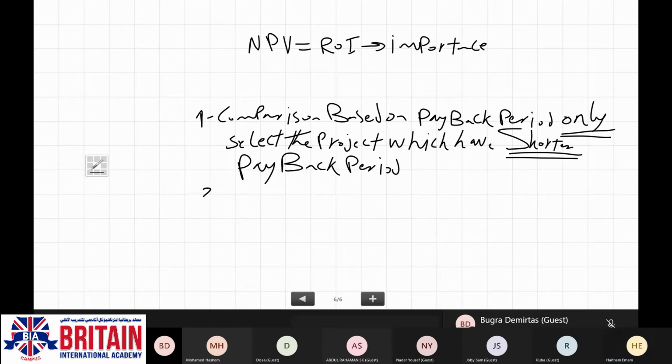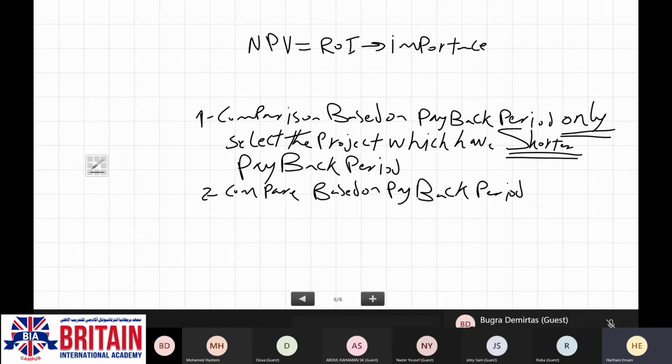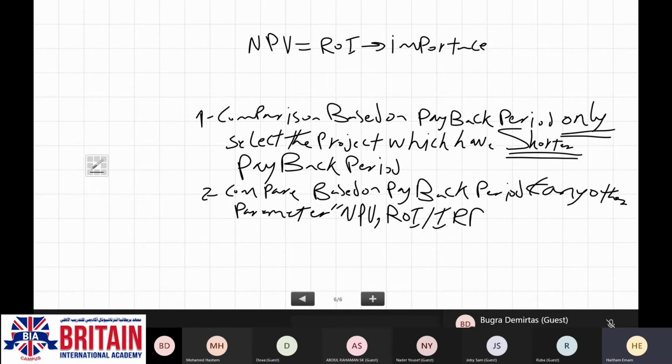Okay. Compare based on payback period and any other parameter like NBV or ROI or IRR, only two parameters, which will be the payback period and the NBV or ROI or IRR.